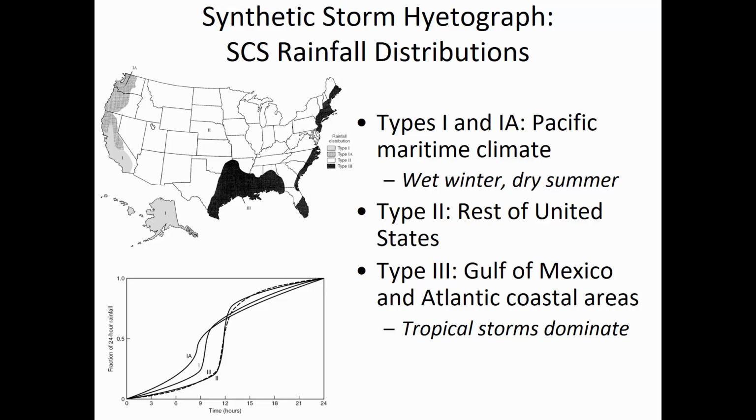So if we say there's a 3-inch storm that happens during 24 hours, this figure would tell us how much intensity there is during that 24-hour storm. You could take a depth and plug it into this, and it will tell you the intensity at all times during the duration.